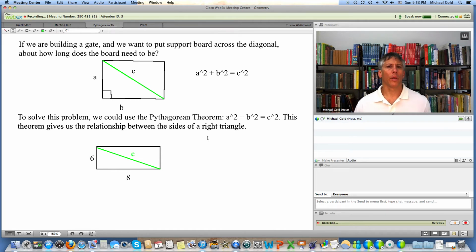Now notice the important thing is that the letter that's alone in the equation is opposite the right angle.